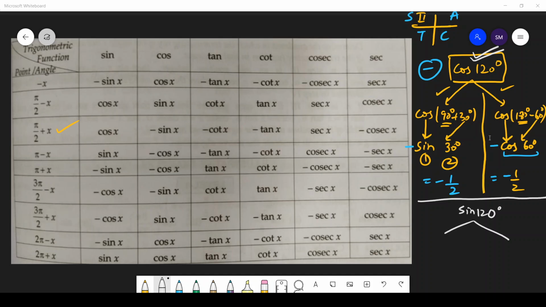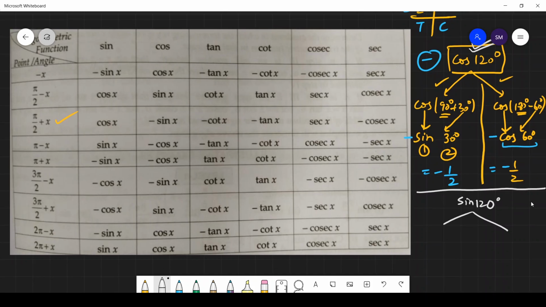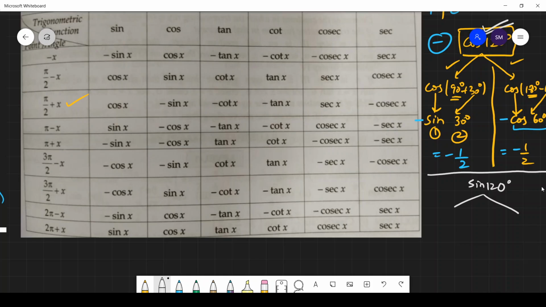Okay, a lot of you have found the correct value. Students, now tell me the two ways in which you solved it. Sir, 90 plus 30 degree. And sir, 180 minus 60 degree. So you can write it as sine 180 minus 60 degree also.